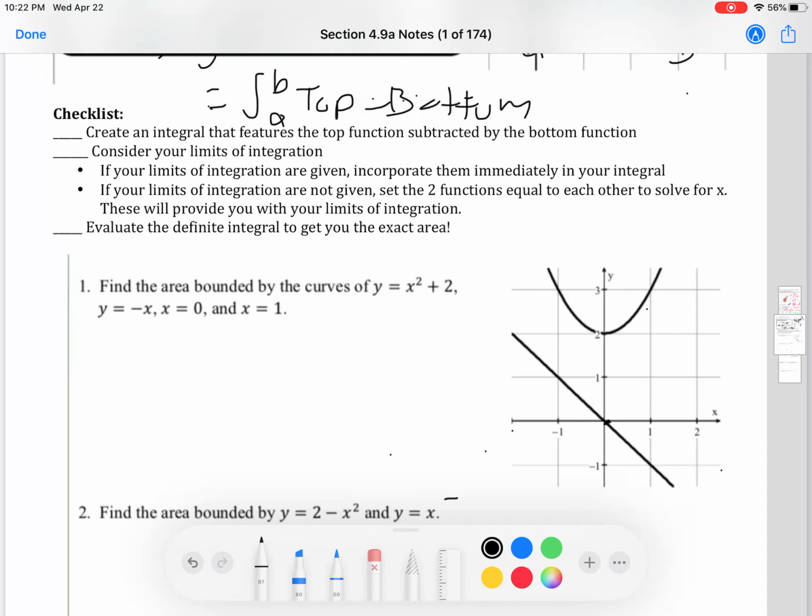On this first one, it says find the area of a curve bounded by y equals x squared plus 2, so that's pretty obviously your parabola, and y equals negative x. And you're going to take the bound between x equals 0 and x equals 1.